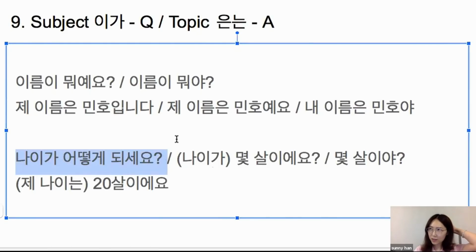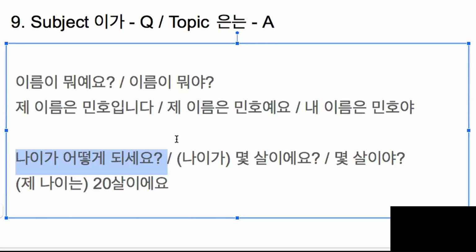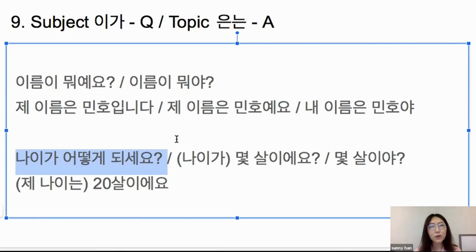If you meet someone for the first time, or you have known someone for a long time but you don't know their age and you want to ask. Asking age is not a problem in Korea, but you can ask like this.